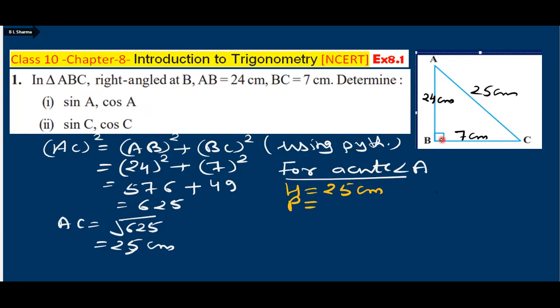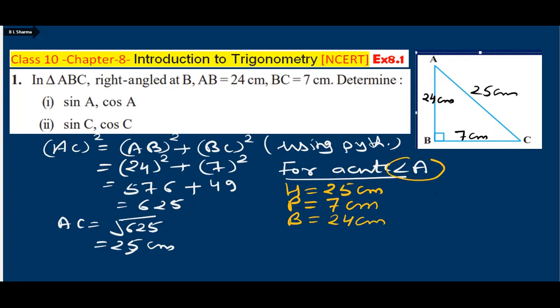Then perpendicular for acute angle A. कोई भी जो एंगल गिवन है acute angle, उसके opposite side, उसके सामने वाली साइड perpendicular होती है. So here BC, means 7 centimeter, will be the perpendicular, and the remaining third side is base. So base is AB, that is 24 centimeter for acute angle A.